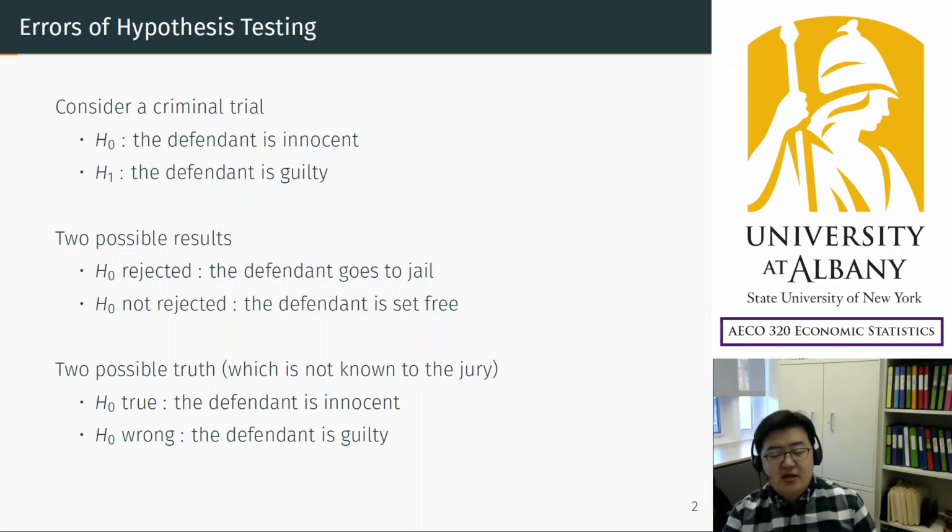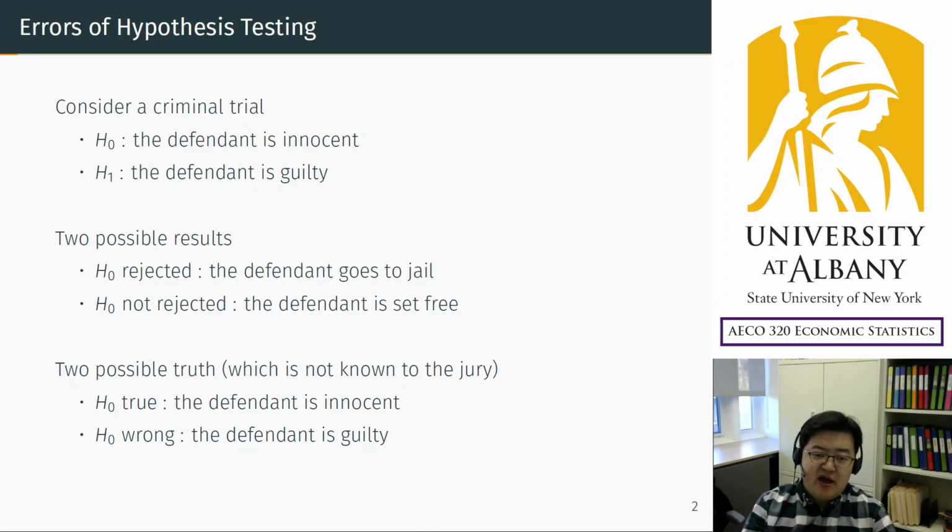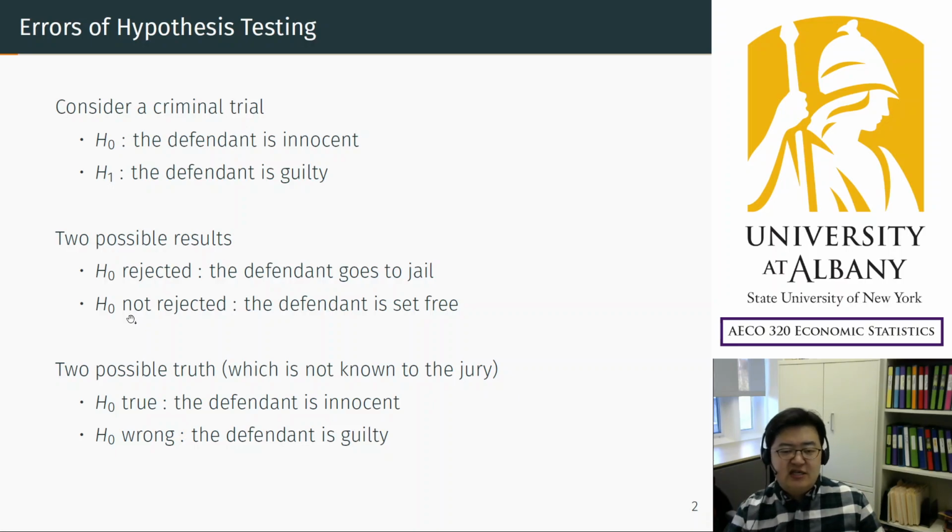So in this case, your decision is one of two: the null hypothesis is rejected or not. You can say not rejected as accepted, but as I explained in the previous chapter, I prefer non-rejection to acceptance. If you reject the null hypothesis, you are sending the defendant to jail.